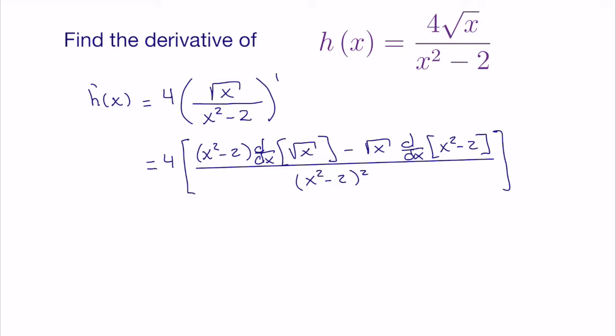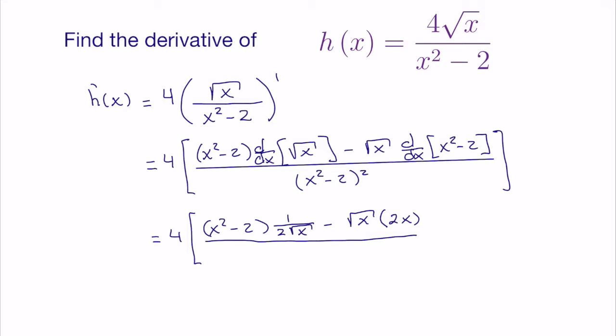Okay, now let's derive. We keep the 4, so this is 4 times x squared minus 2, and then the derivative of root x, as we've seen, is 1 over 2 root x, minus root x, and the derivative of x squared minus 2 is 2x, all over x squared minus 2 squared.